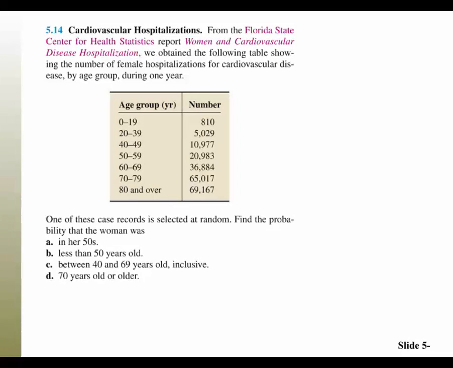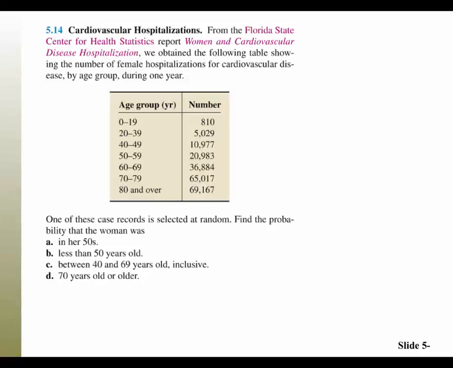Okay, one more example. Here is the following table showing the number of female hospitalizations for cardiovascular disease by age group during 1 year. Not terribly uplifting, but that's what we got.